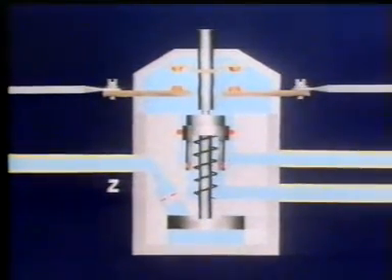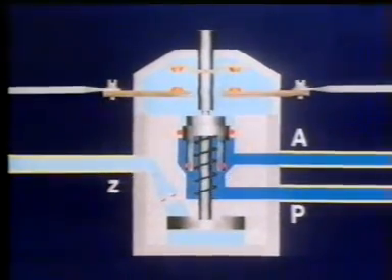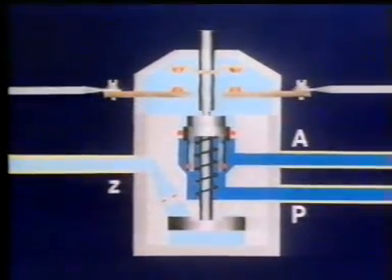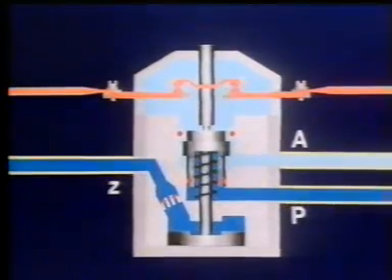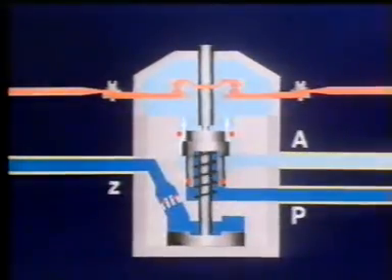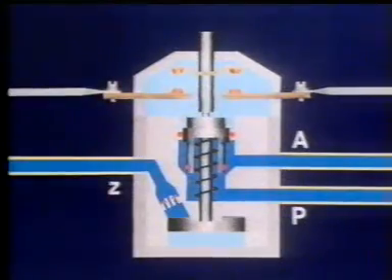This requires the connections from P to A. When the contactor is energized, passage from P to A is blocked and A is vented. This provides the function of a 3-to-2-way valve.